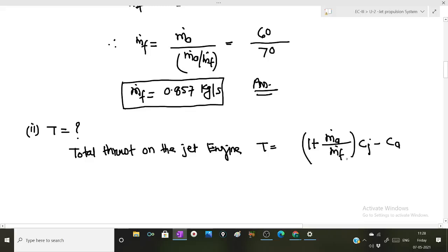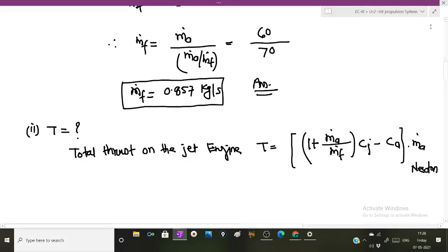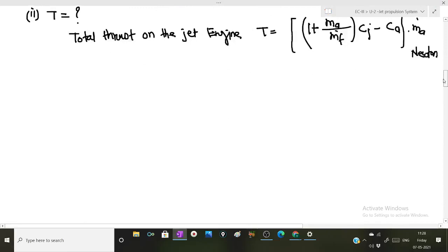This will give you total thrust per kg of air per second. If I multiply this entire term by mass flow rate of air, it will give thrust in Newton. Thrust is nothing but a force, so its unit will also be Newton.